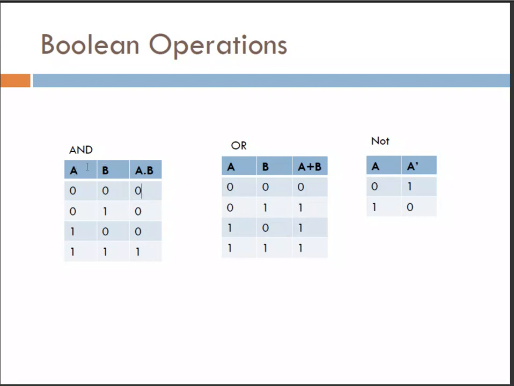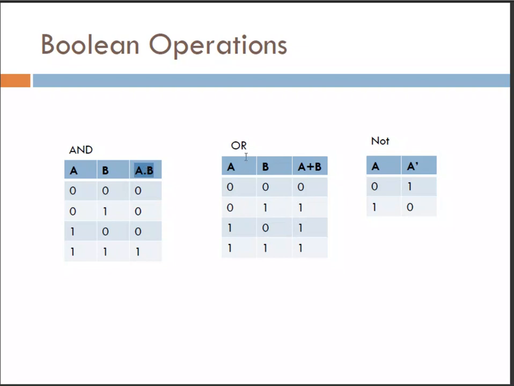It means that A may have the values 0, 0, 1, 1, and B has 0, 1, 0, 1. ANDing those two variables, we get the answer in column 3: 0 dot 0 equals 0, 0 dot 1 equals 0, 1 dot 0 equals 0, 1 dot 1 equals 1. This works like multiplication, as you know.